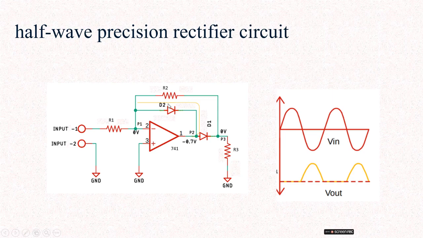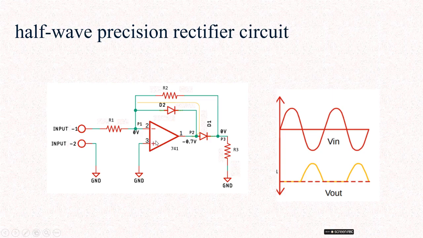When diode D2 is in reverse bias, the current flows through the resistor R2, forming a virtual ground at point P1.